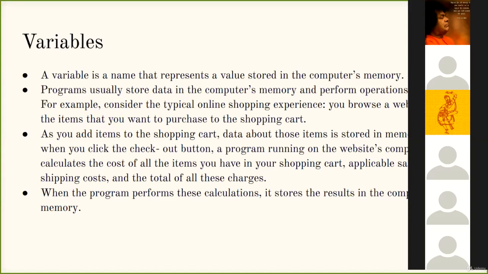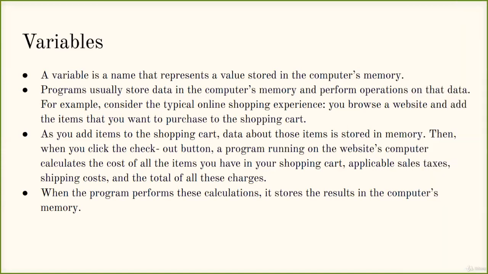Now, how is that happening? It is because your program will remember your choice by storing it inside a variable, right? So here, assume the shopping cart to be a variable, and to this variable you can add your shopping list.